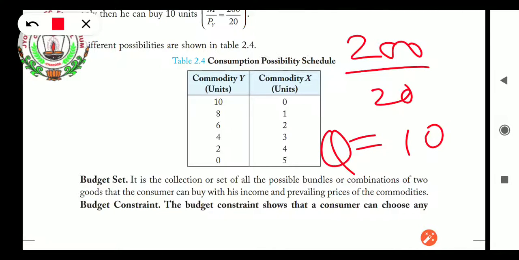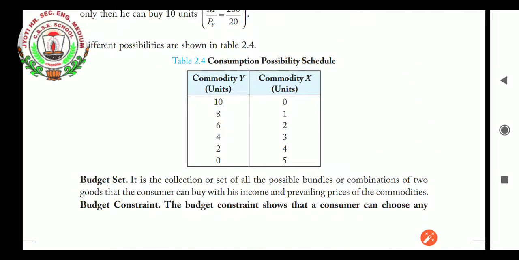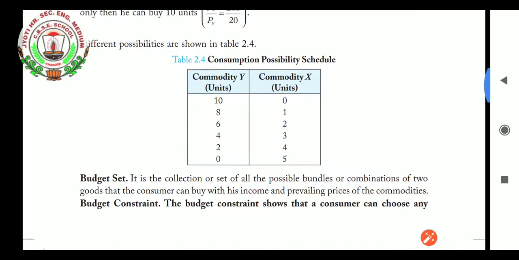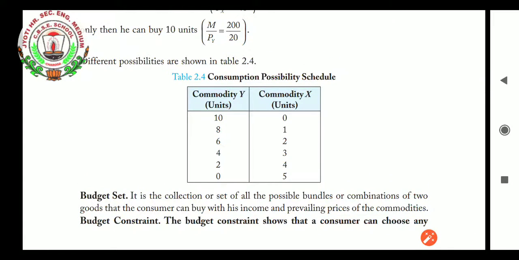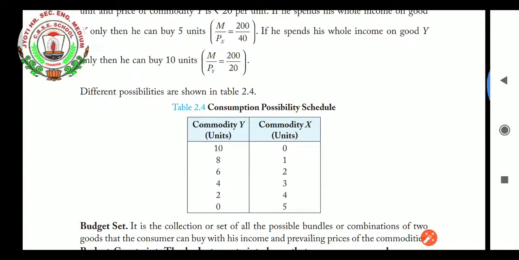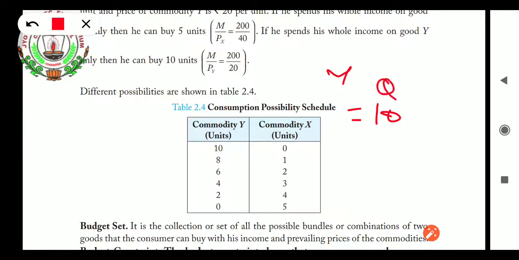In the same way, if he is purchasing commodity Y 8 units, definitely commodity X, how much can he get? 1. How has this been done? For example, 200 income was there. For Y only, if we are getting 10 units quantity at price 20, we are getting total 200.